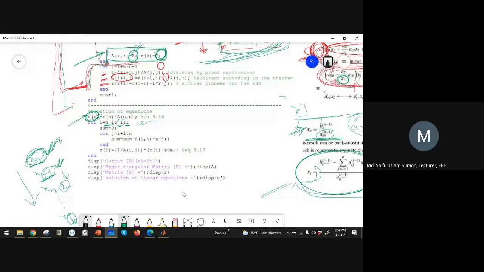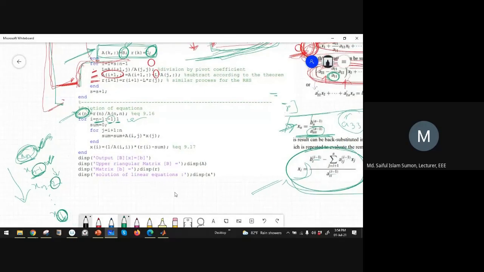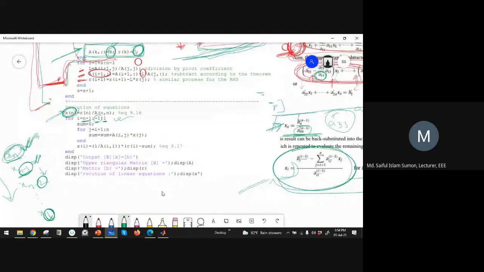So you can see, if you look at the equation, then you will be able to understand. Xi will be simply like this, and there will be some summation. This is the main equation, xi, starting from n minus 1. Xi is equal to simply this one.